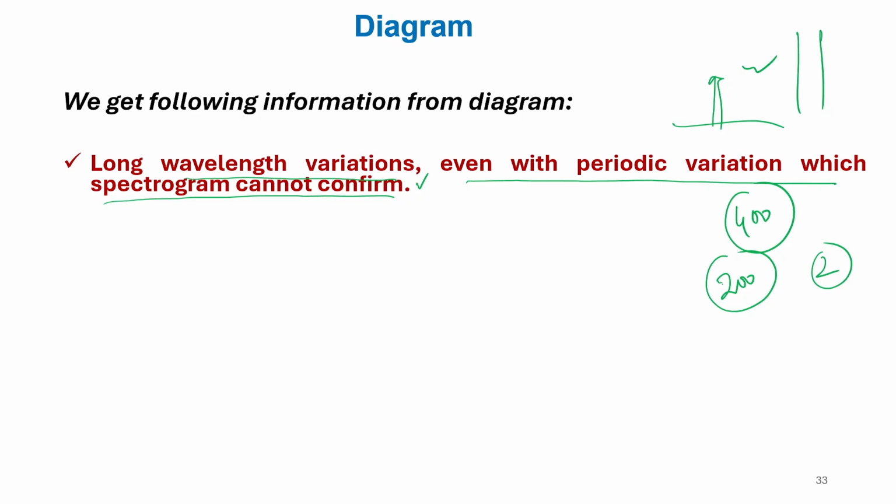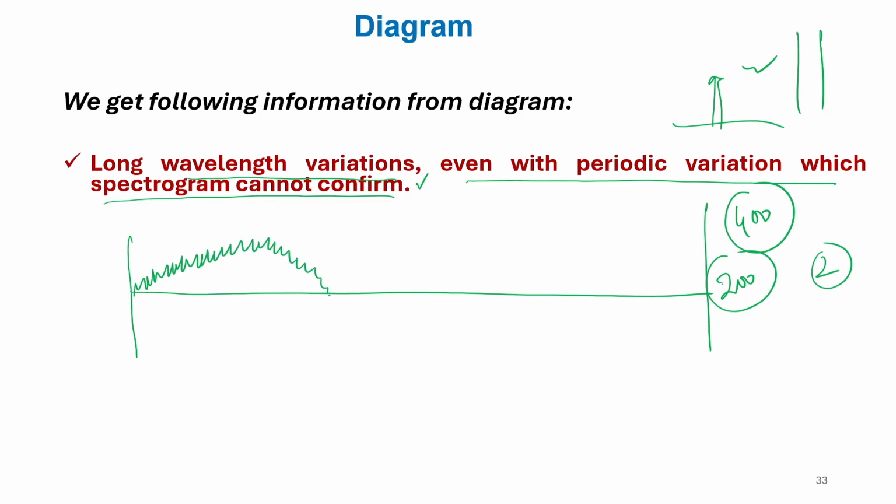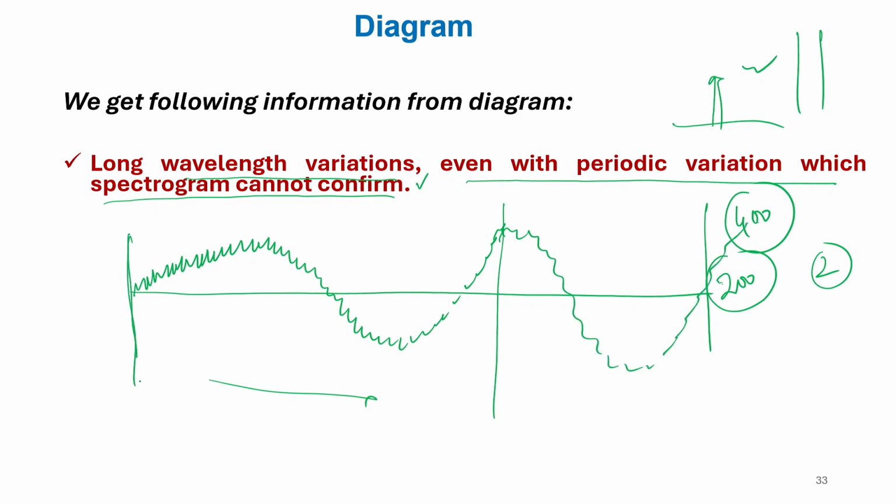But in the case of the diagram, it will show a clear picture of the variability like this. So, this is one repeat, 200 meter, and then it will go like this. So, we can make out whether there is any periodic variation, a very long term variation, that the spectrogram will not be able to identify. The spectrogram part we will discuss subsequently.